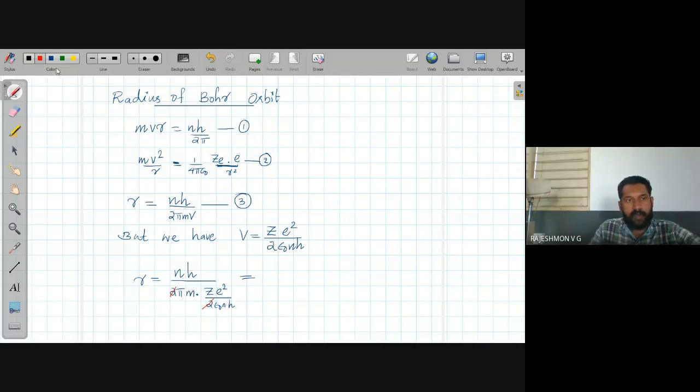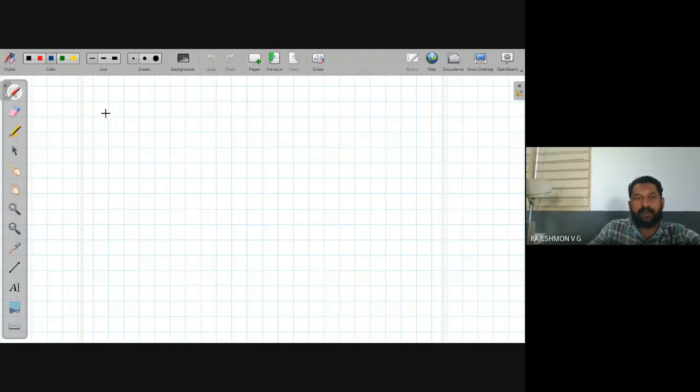Epsilon 0 nh will go to the numerator, so you will get epsilon 0 n square h square divided by pi m Ze square. So you substituted the velocity, and you obtained the radius of Bohr orbit as epsilon 0 n square h square by pi m Ze square.